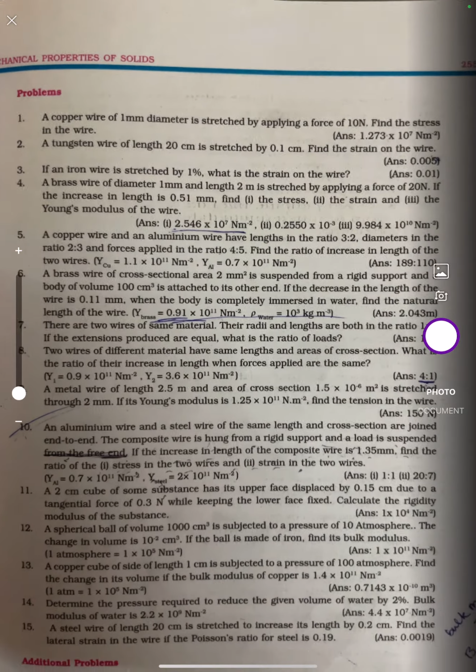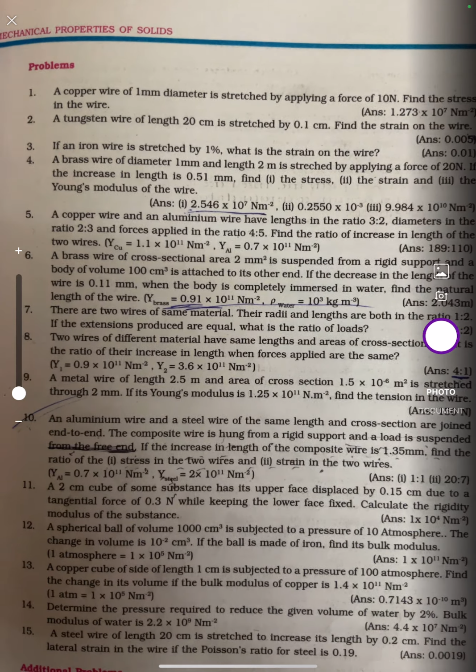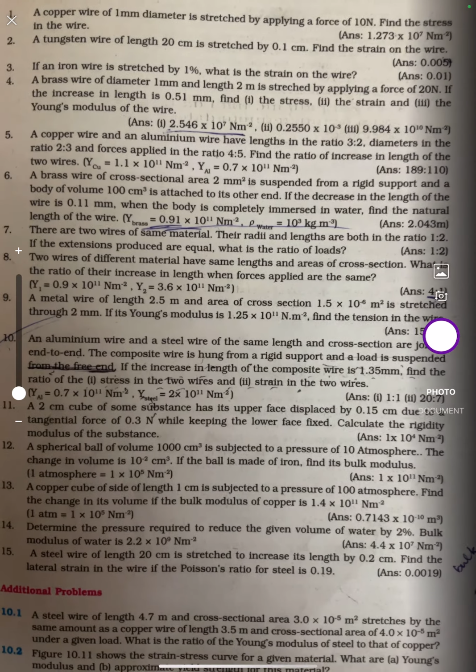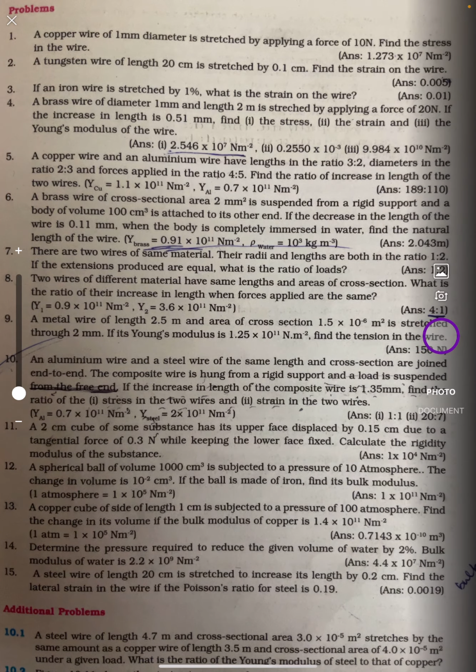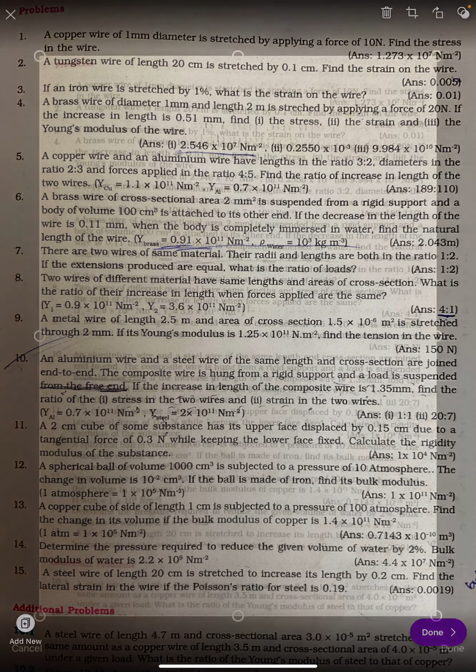Here the leftover problems in this chapter are 6, 10 and 15. Now we are going to solve the remaining problems. Those are 6, 10 and 15.